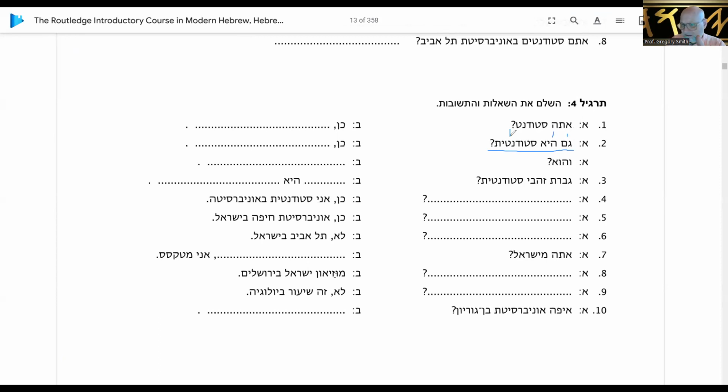Studentit is the feminine form of student. So also, is she a student? And so the answer is going to be Ken, and we're going to say she. We're going to keep it in the same person, okay?